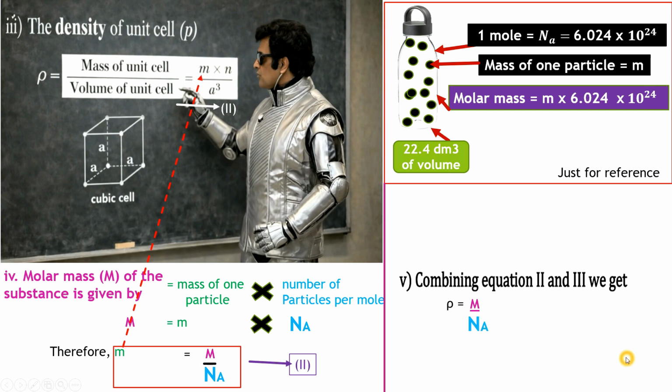The remaining part is n upon a cube. So the formula is rho equal to M n upon a cube Na. This is the density of the unit cell.